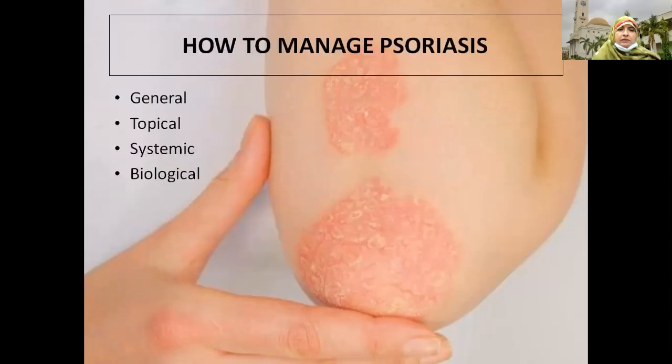Let's skip this. And then how do we manage psoriasis? Again, as I always tell you, you have to treat the patient as a whole. So there are general measures. Then according to the severity and area involvement of the body, we can choose topical or systemic agents. And the latest treatments are the biological treatments.